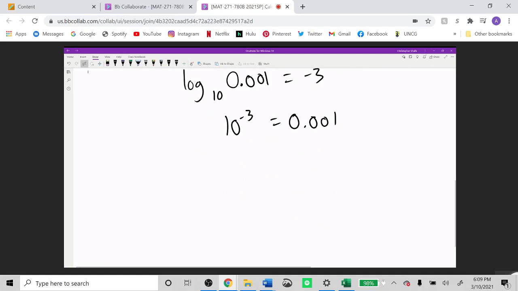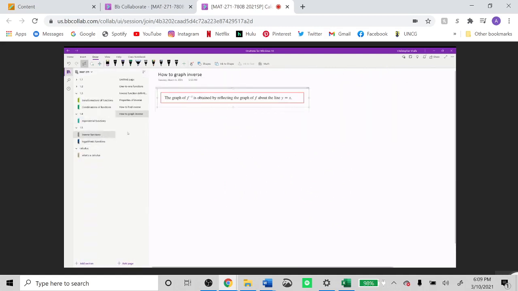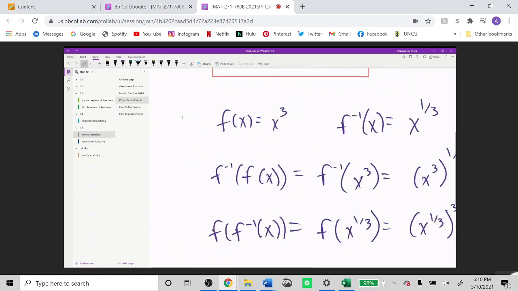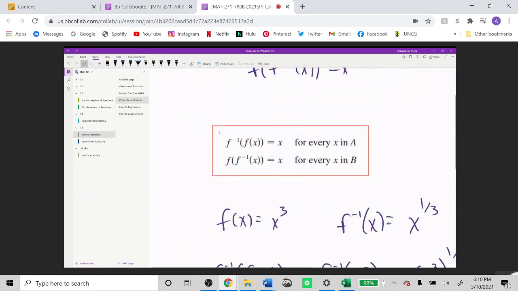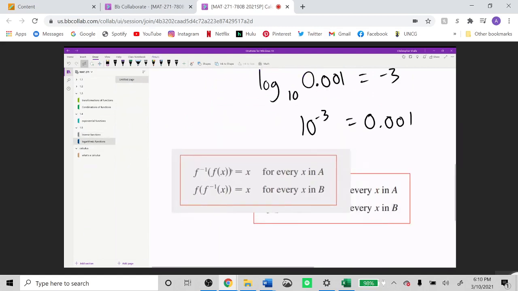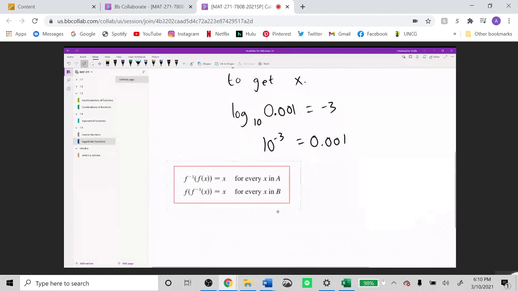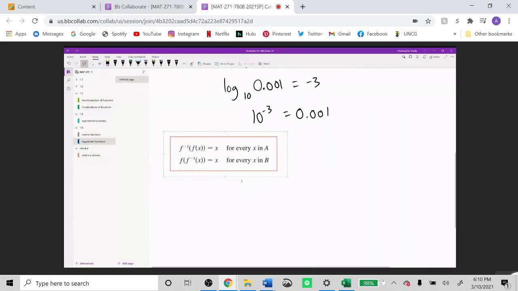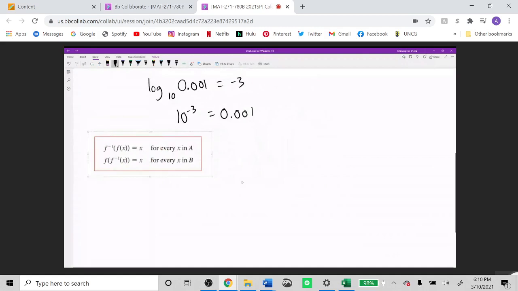So we had some cancellation equations for inverses, at least what the textbook calls cancellation equations, which are these. Let's copy and paste these so we can reference them. f inverse of f of x is equal to x, and f of f inverse of x is equal to x.